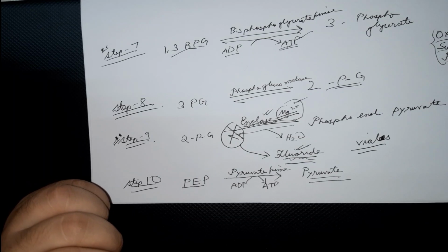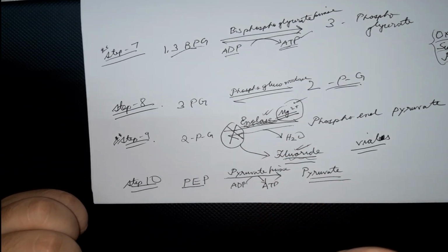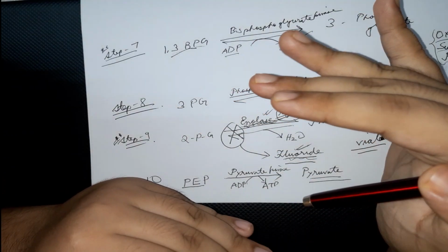So we formed pyruvate, and that is the end of actual glycolysis.